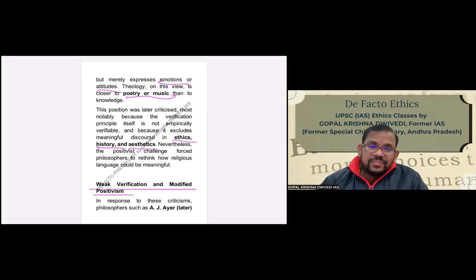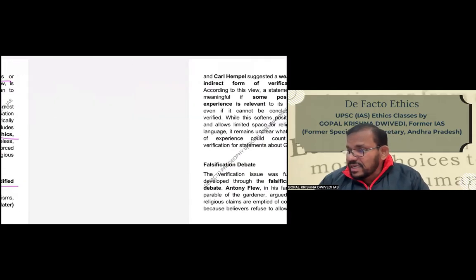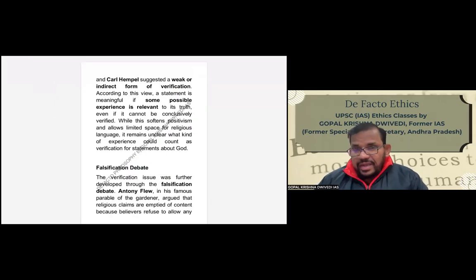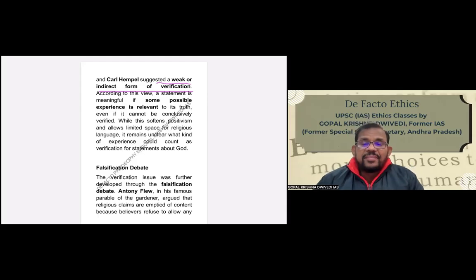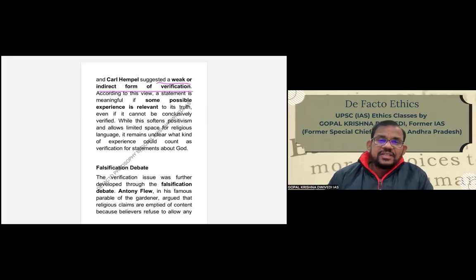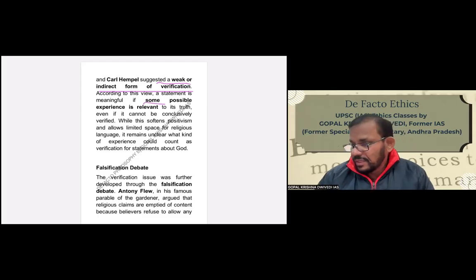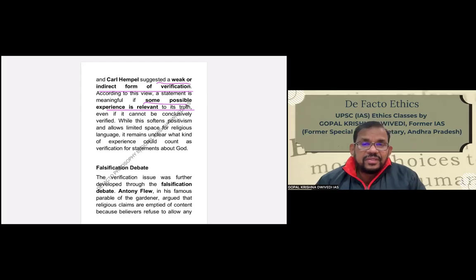This was given by Ayer and Hempel. They suggest that a weak or indirect form of verification is also possible for making something meaningful. A statement is meaningful if some possible experience is relevant to its truth, even if it cannot be conclusively verified.